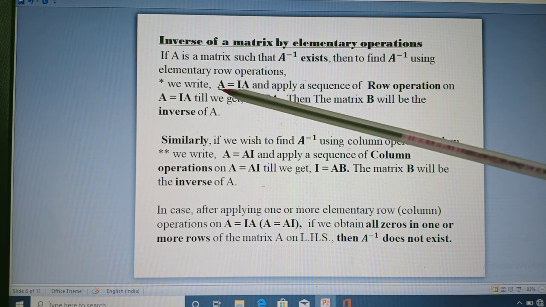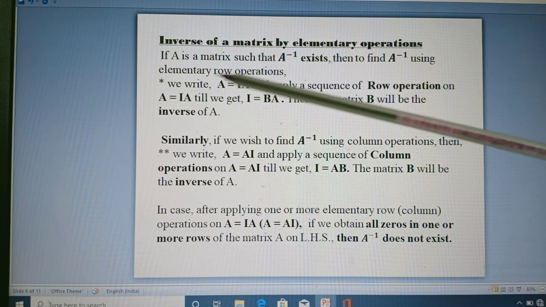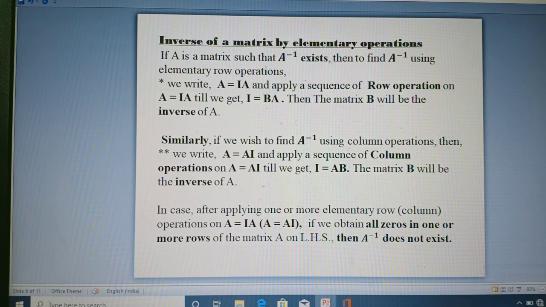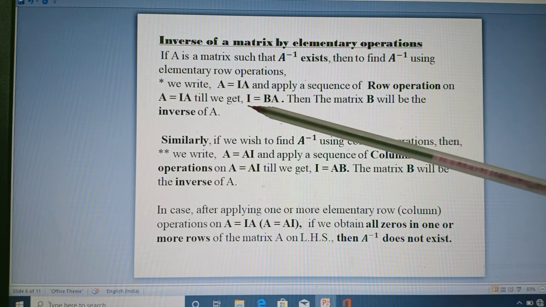we write A equal to IA, that is, I into A. Then we have to do the row operations on this system, and continue until we get this A as an identity matrix.